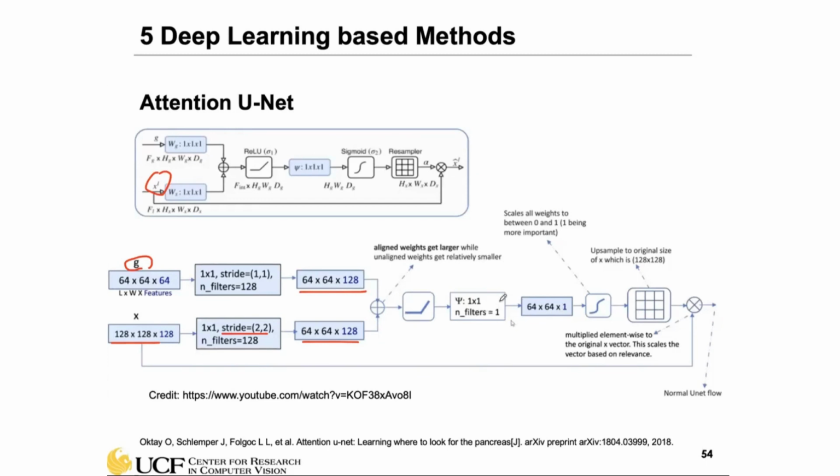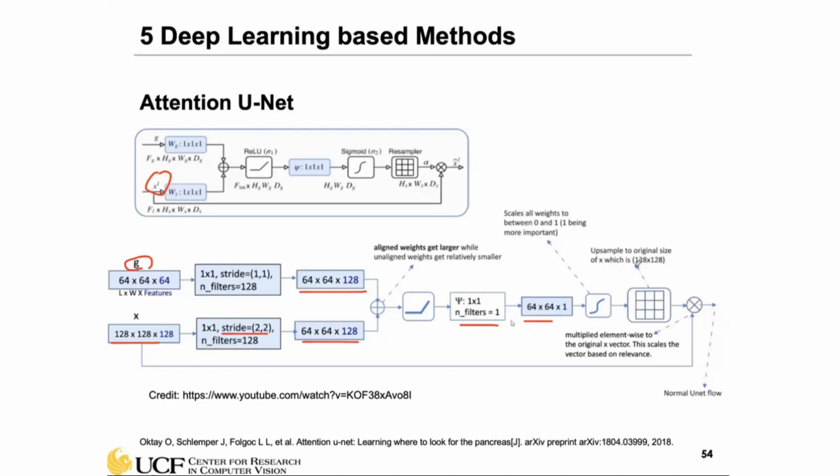And then we can add another 1-by-1 convolution, but using just one filter here, we effectively reduce the channel dimension. Before we had 128, now using only one filter we reduce it to 64 by 64 by 1, basically one channel.